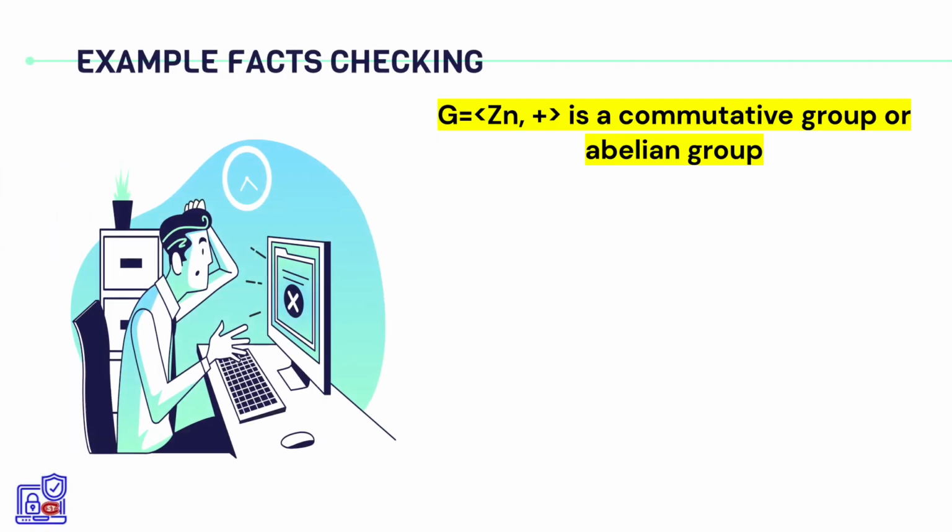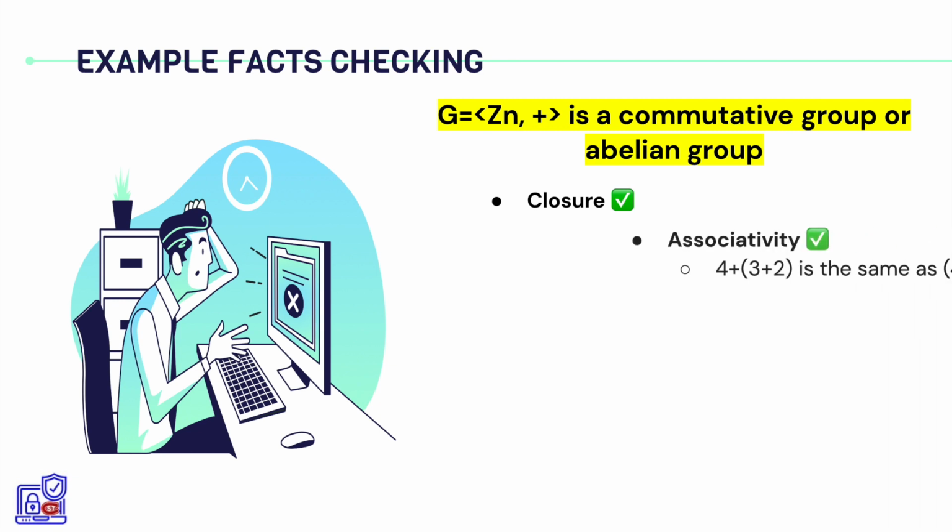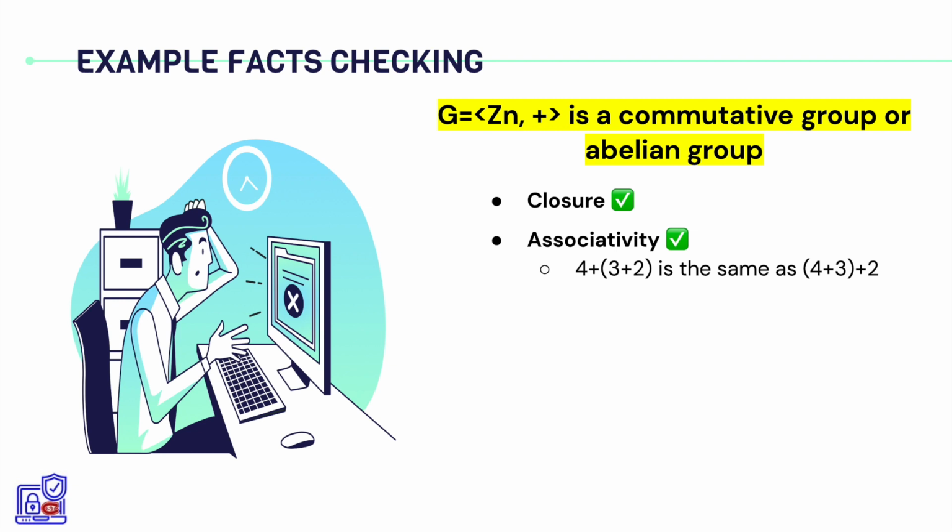Let's fact-check whether or not the group G in Zn with the addition operation is a commutative group. First, closure is satisfied since the result of adding two integers in Zn is another integer in Zn. Then, associativity is satisfied, because 4 plus (3 plus 2) is the same as (4 plus 3) plus 2. Next, commutativity is satisfied because 3 added to 5 is no different than 5 added to 3.